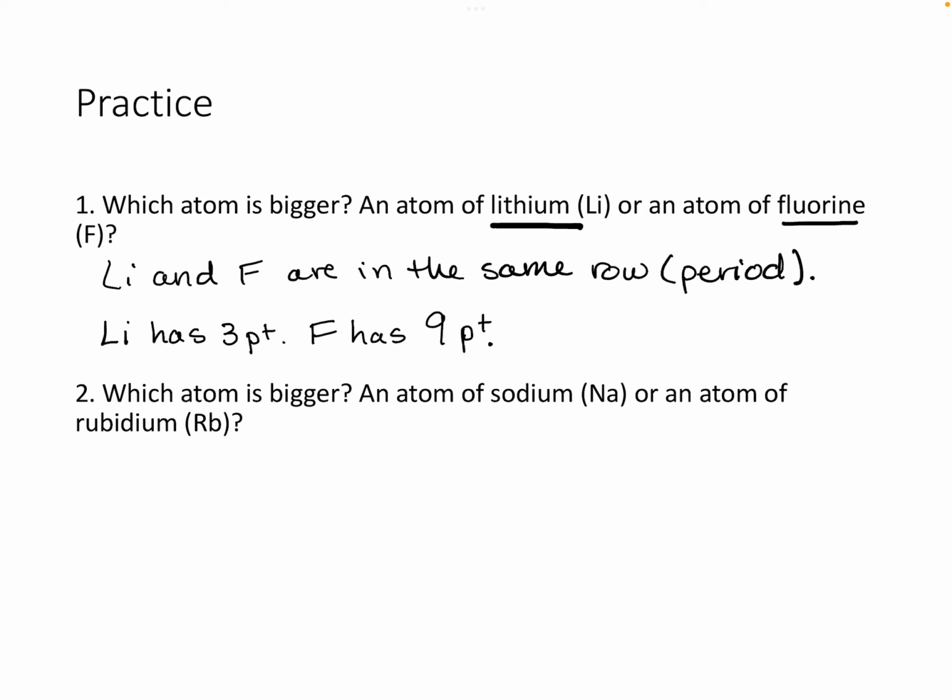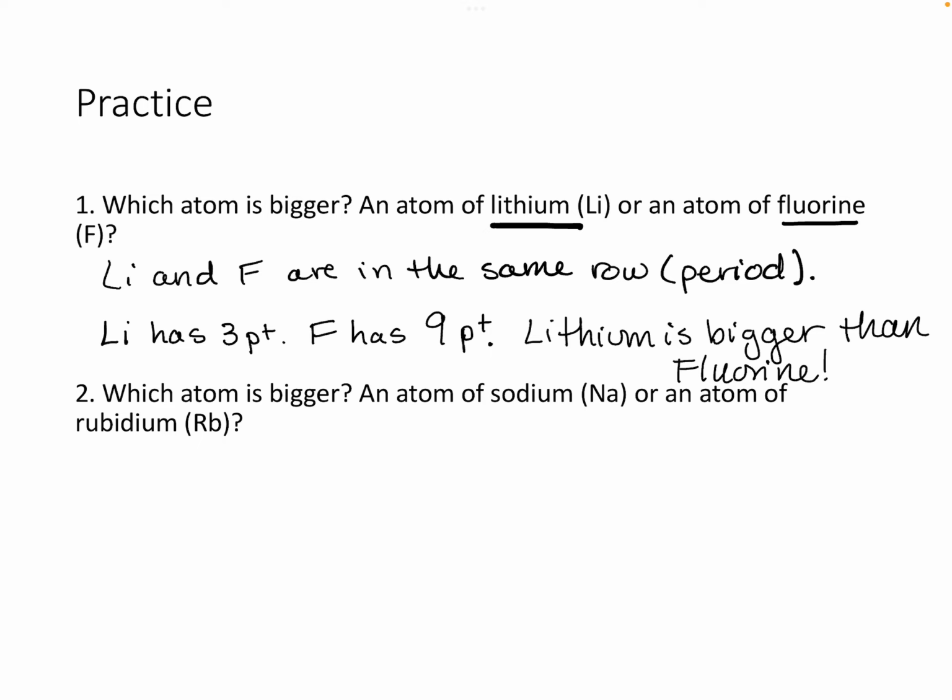So they're going to shrink in a little bit. So lithium is bigger than fluorine. So remember, when you're going across a row of the periodic table, it's almost the opposite of what you would expect, right?